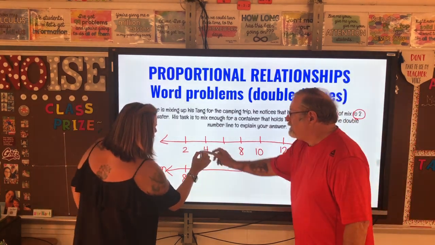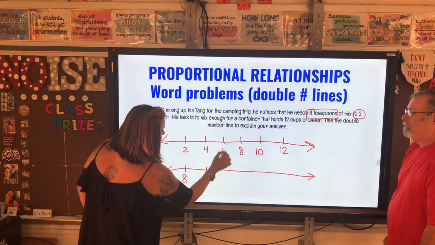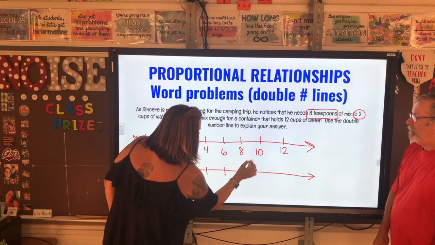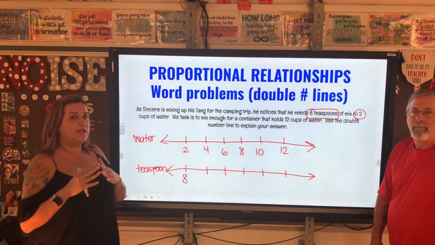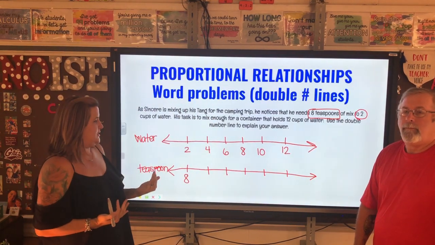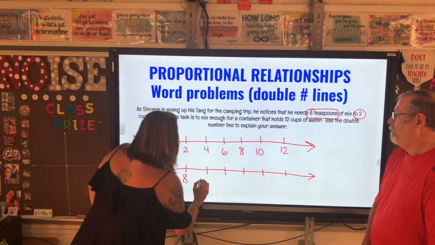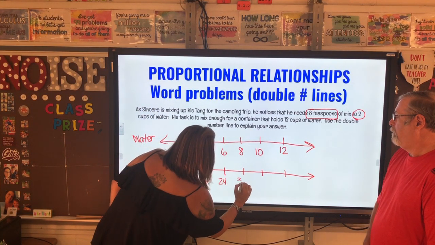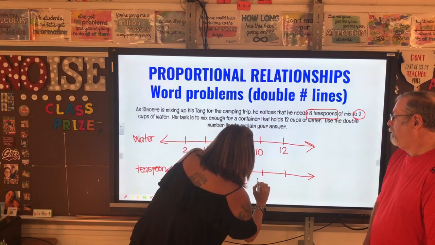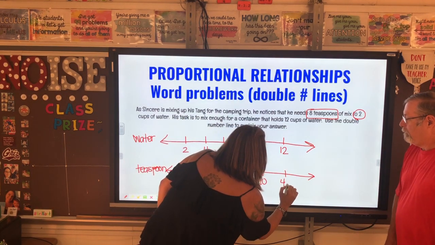So we know this is proportional. It tells us that. And I'm going to line these up just as nicely as I can to create multiple equivalent relationships or proportions, right? So 8, 16, 24, 32, 40, 48.